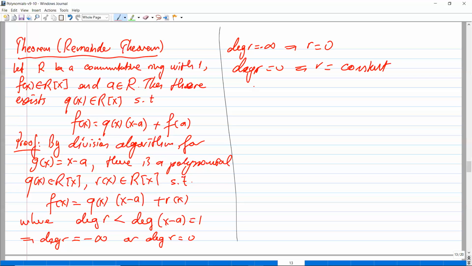So in any case, f of x is equal to Q of x times x minus a plus R, where R is constant.